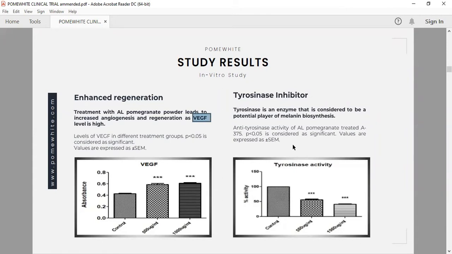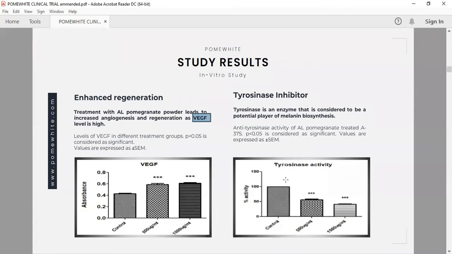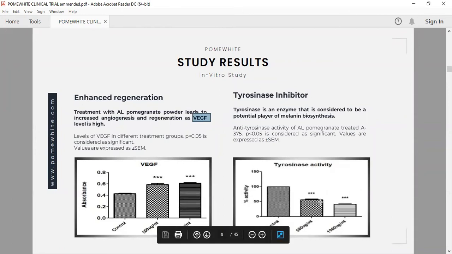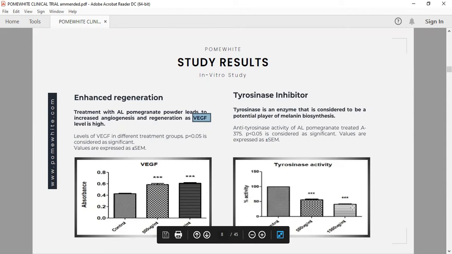Melanin is regularly synthesized in these cells. We applied this 500 microgram per ml dose and 1000 microgram per ml dose onto these melanocytes, and after 24 hours and 48 hours of the treatment, we saw that the level of the tyrosinase enzyme was very decreased at the 500 microgram per ml dose, and even more decreased with the 1000 microgram per ml dose.